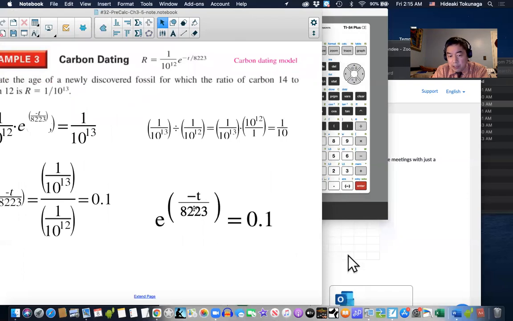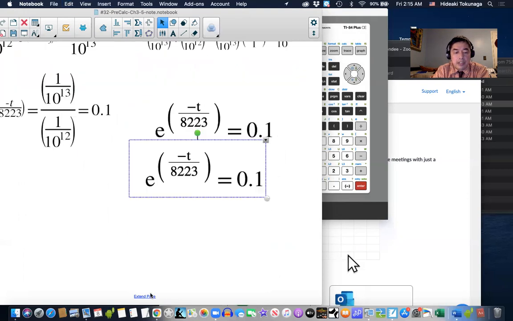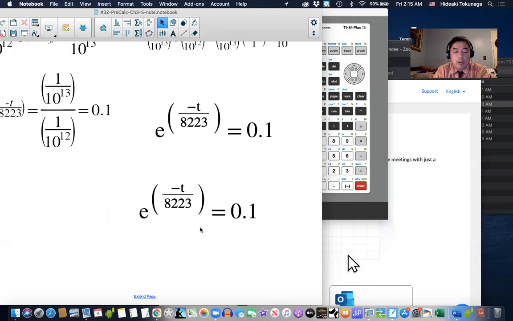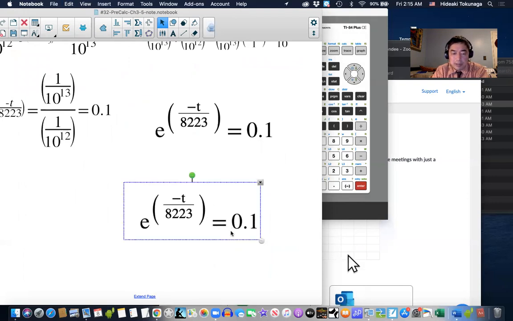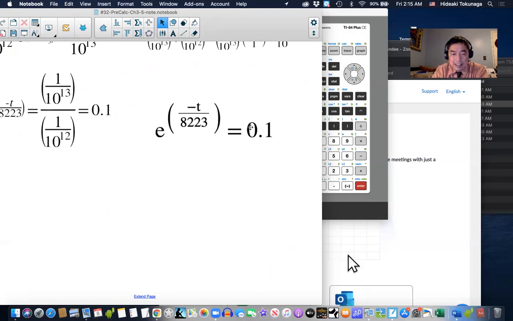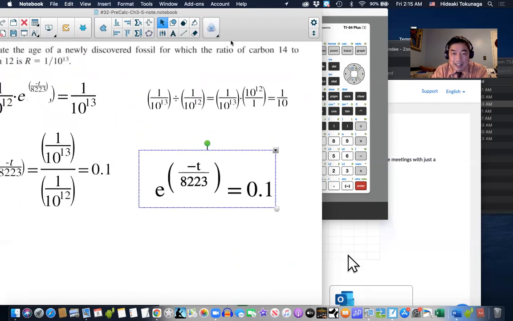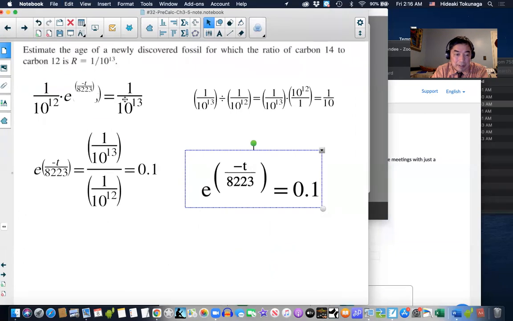E to the exponent of this will equal 0.1. Now, what can we do to get rid of E and the exponent? First, you have to take the natural log of both sides. Oh, too bad. We can't get the natural log information here because this became a picture. Let's see, I'll do my best.